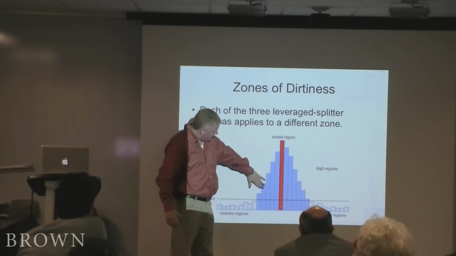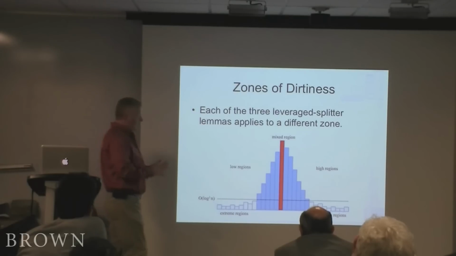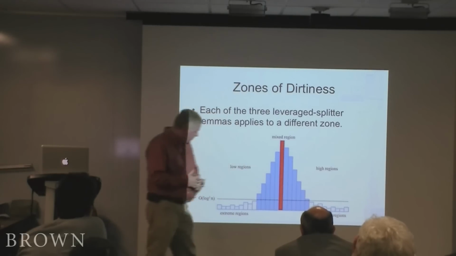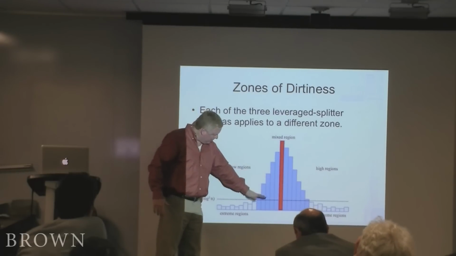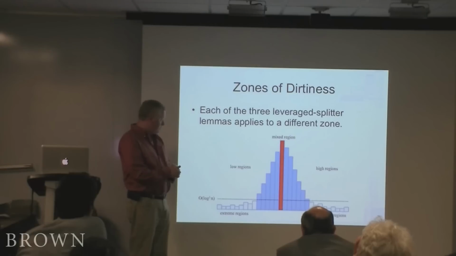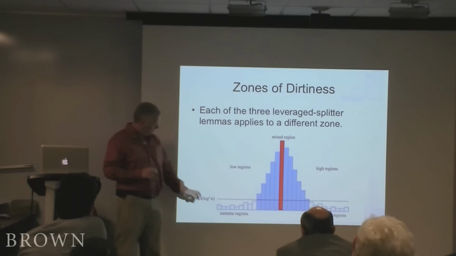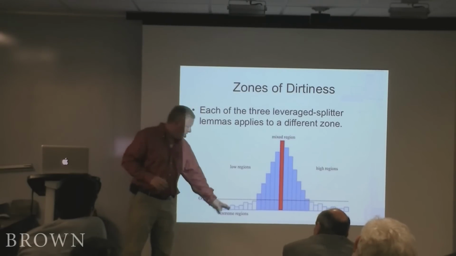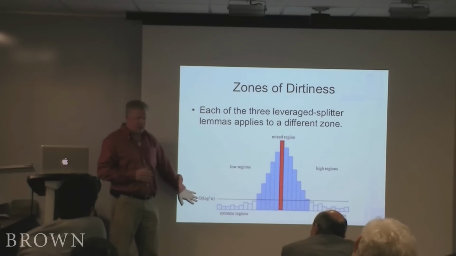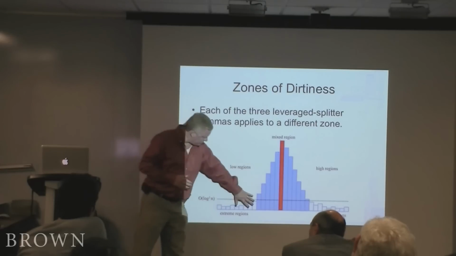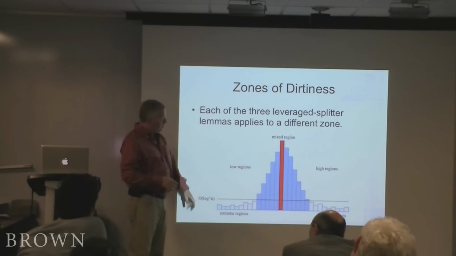But as you go farther away from it, the dirtiness decreases at an exponential rate with respect to the distance from the mixed region. It keeps decreasing until finally we reach a floor, where things are so clean that we can't distinguish between just a handful of ones that got stuck in here, maybe until the end when we do the post-processing step. But there's only going to be a polylog number of those. So these extreme regions have their dirtiness bounded by a polylog n factor.